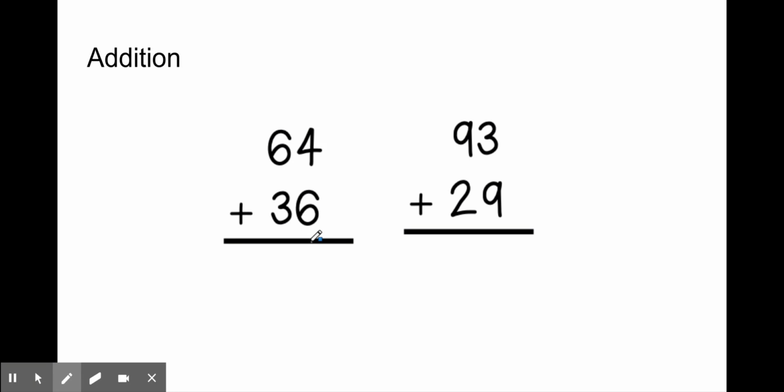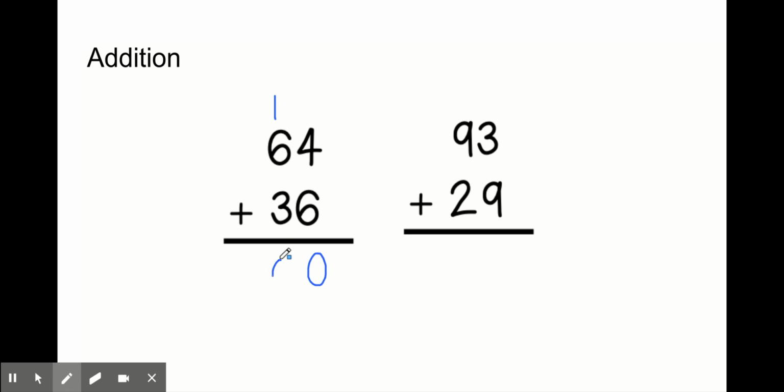64 plus 36. I already know that 4 and 6 make a 10. So I know that I need to put 0 down here and bring my second 10 up to the top. 4 plus 6 make 10. That's 0 ones and 1 more 10. 1 plus 6 is 7. 7 plus 3 is 10.